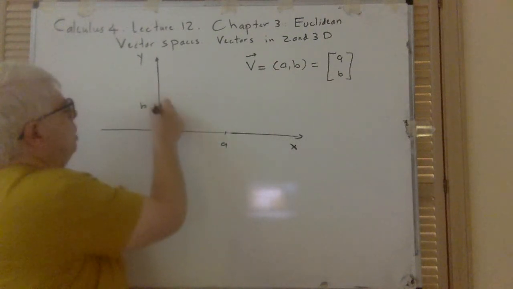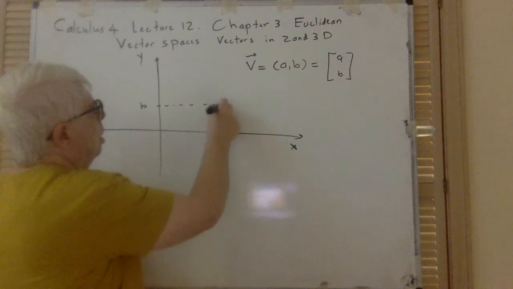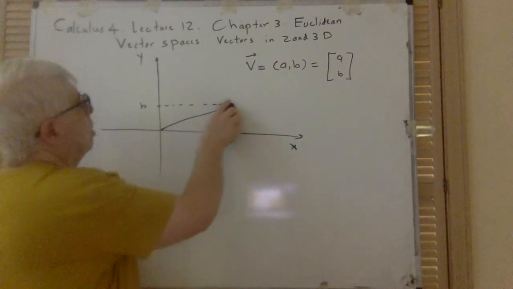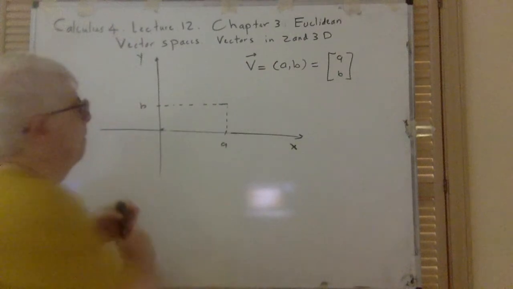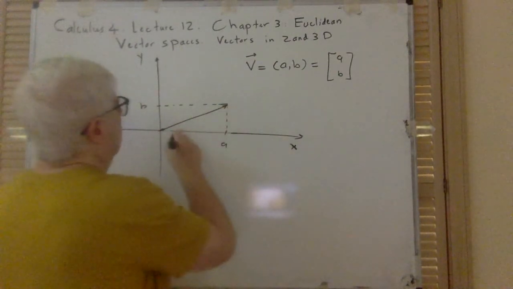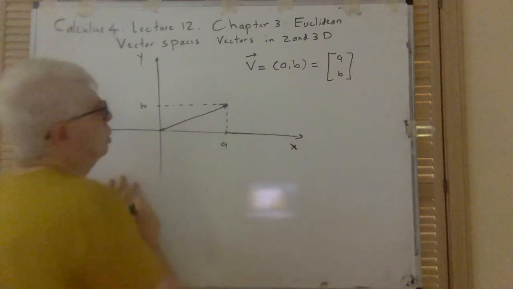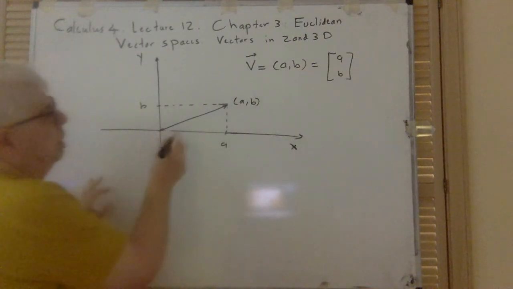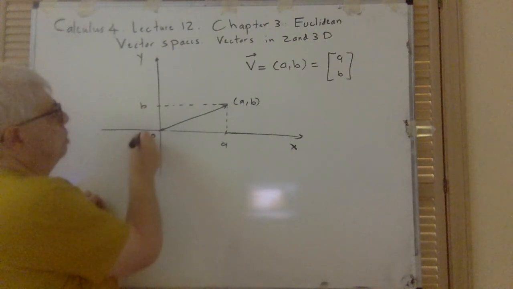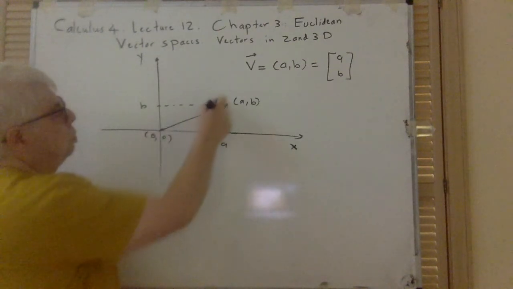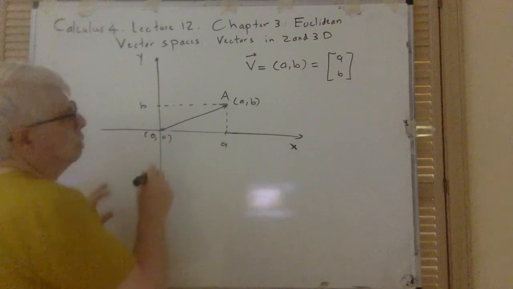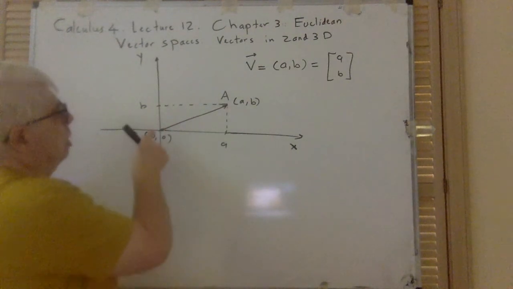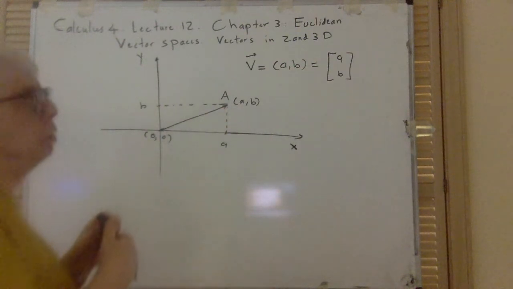A, B is a point in the plane. Okay, this is a point in the plane AB, and the point 0, 0 is translated to this point A. So in fact, as I said, since we can put the initial point anywhere, this is my vector AB.